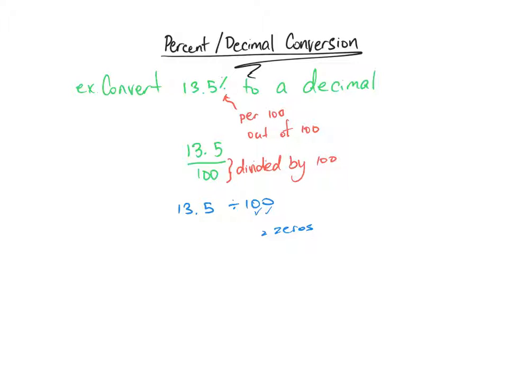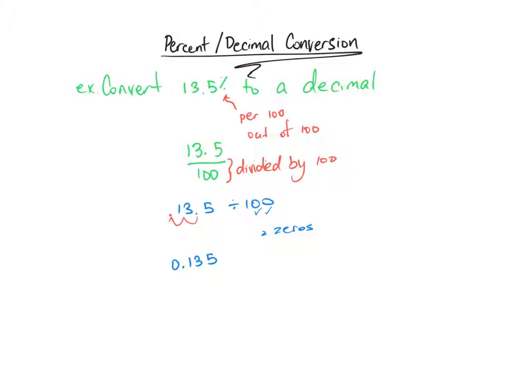So we're going to take that decimal point and move it not 1, but 2 places to the left. And it will create a new decimal point. So when we convert 13.5% to a decimal, we get 0.135. And again, that decimal point is right here because we moved it from here 2 places to right here.